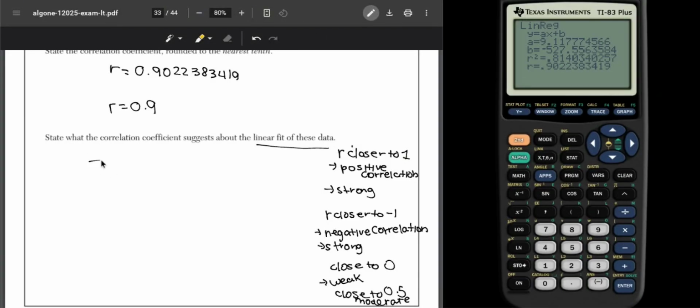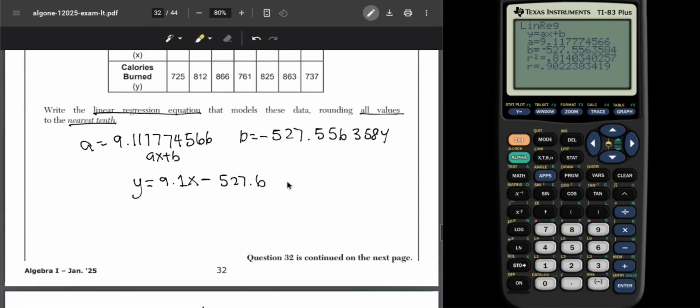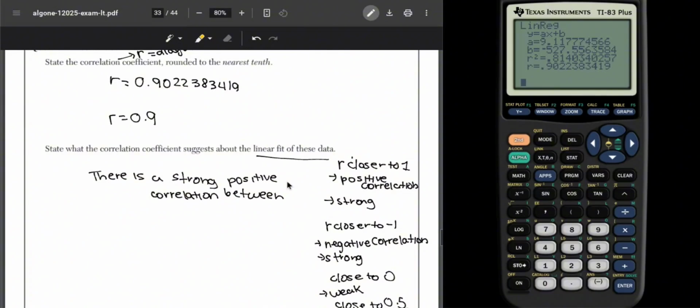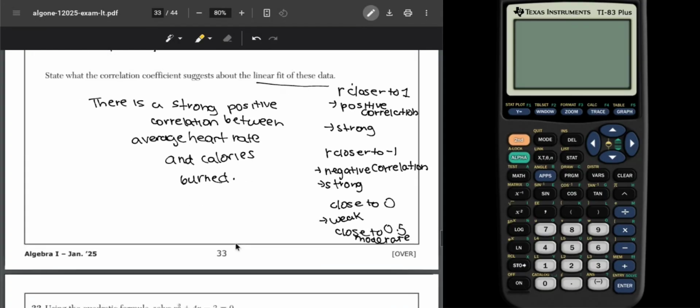That tells me that there is a strong positive correlation between, if I recall our question, average heart rate and calories burned. That is your answer to that question.